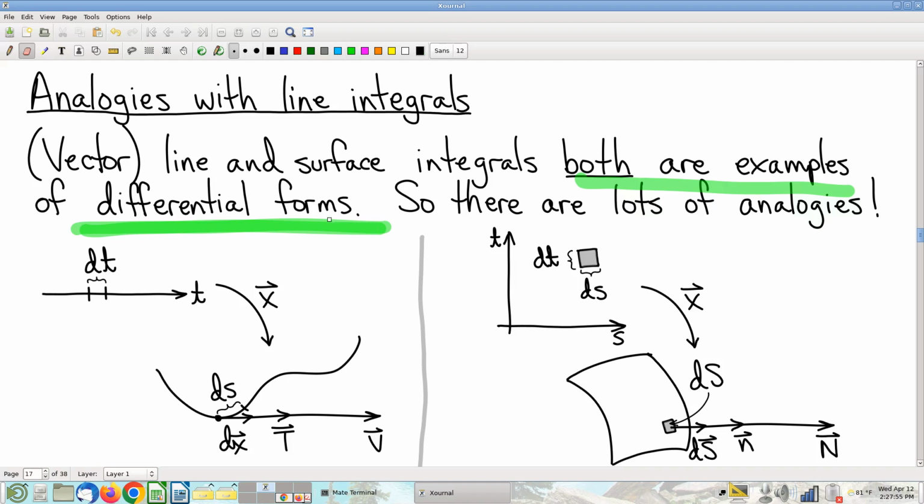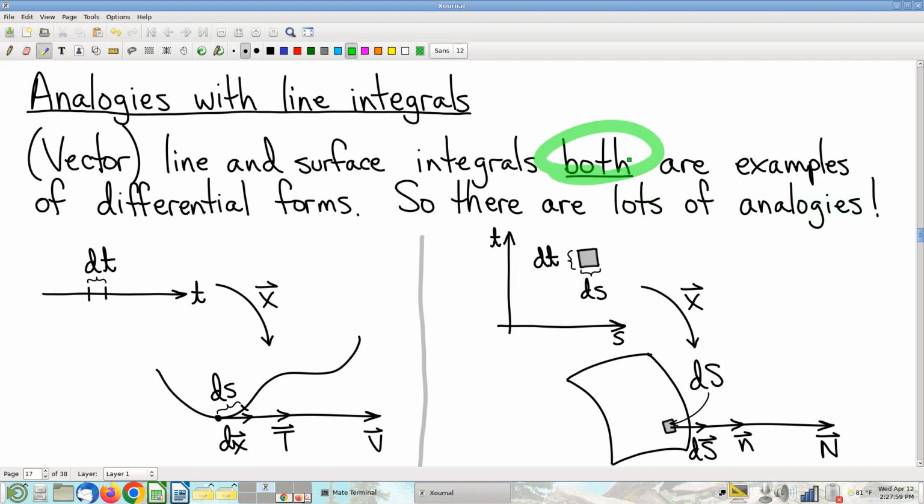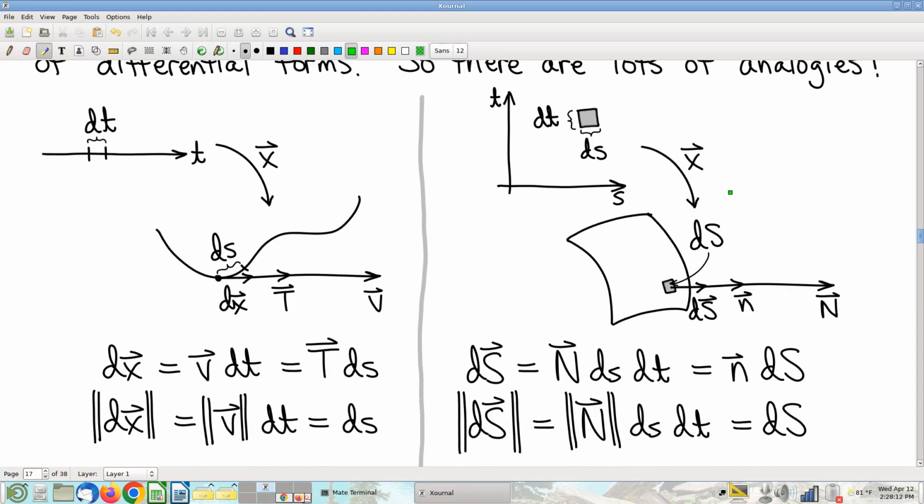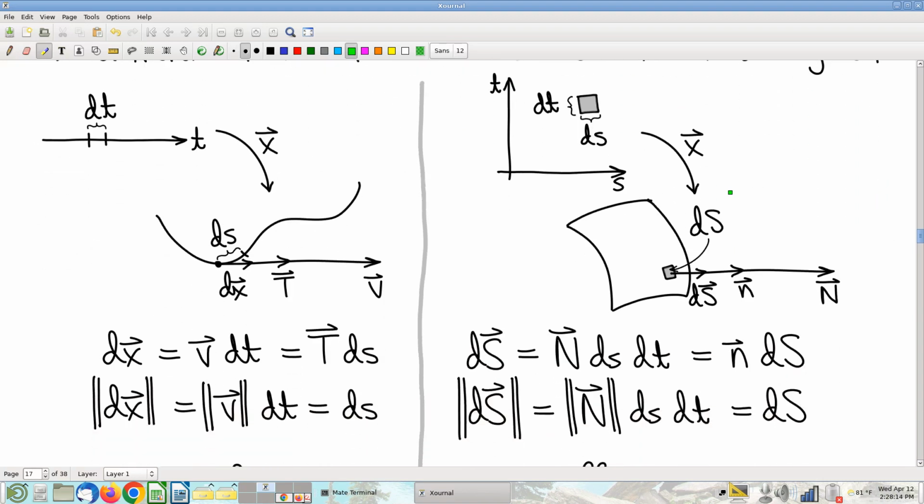Okay, so aside from the culture, the fact that these are both differential forms means that there are a lot of analogies, a lot of strong comparisons between vector line integrals and vector surface integrals. And I want to flesh those out because I think this is really useful in a lot of ways.